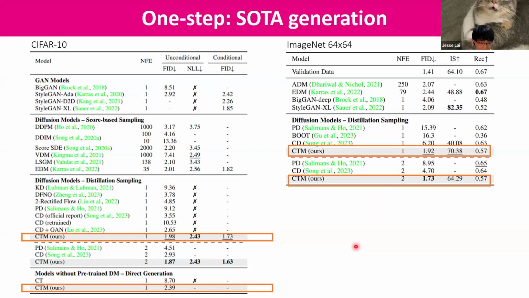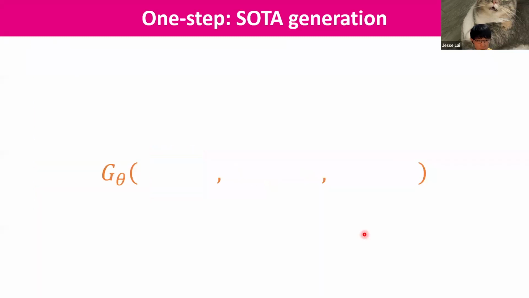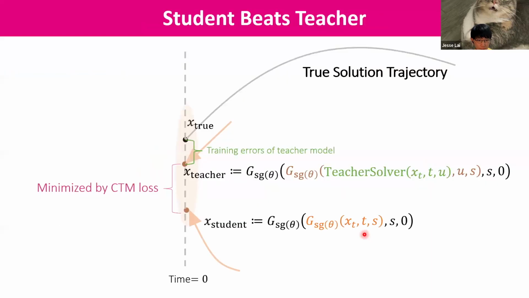And what is interesting is, oh, I saw the question. For CTM, in terms of training stability, the CTM has 3 loss functions. Let me go back to here.